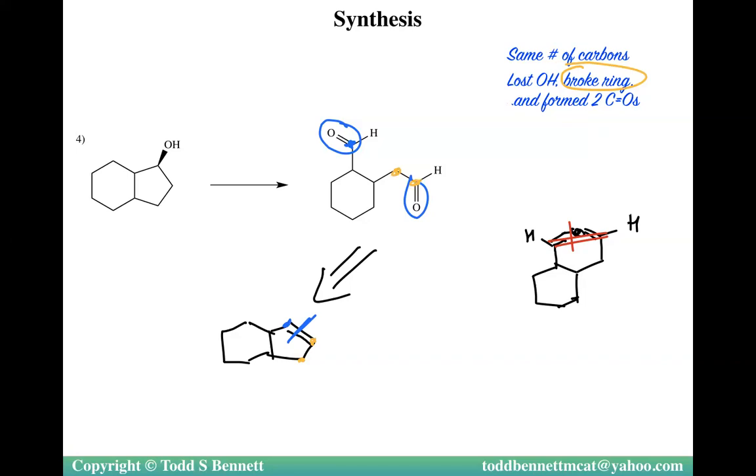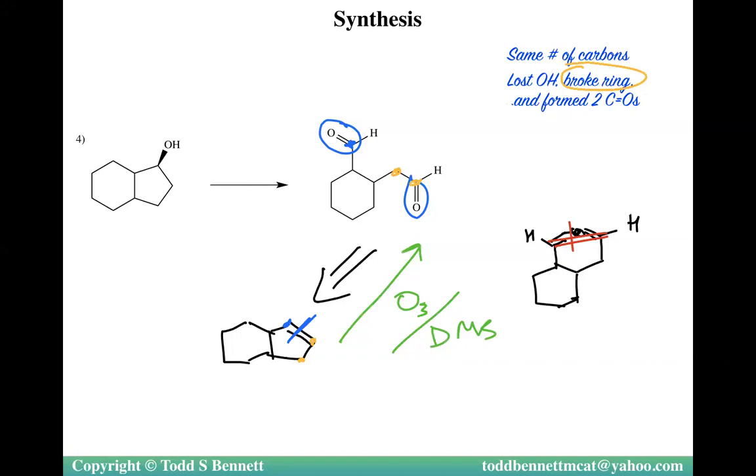And so I now know to go in the opposite direction. I do O3, ozonolysis, and I'd have to do it in some, let's say, DMS or some sort of reducing reagent, something to pick up the third O.